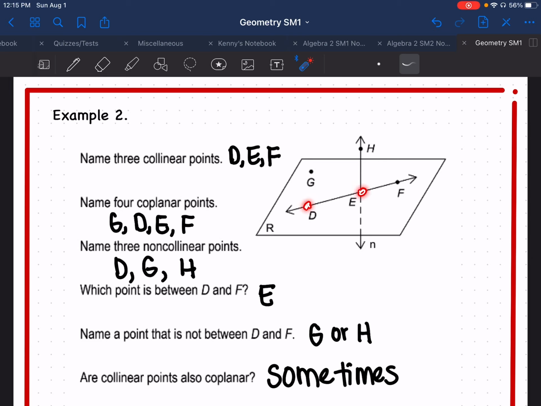D, E, and F are coplanar. H and E, however, they are not on this plane. They are on a different plane that's not drawn. Even though it's not drawn, it doesn't mean that it's not there. It's just not there in the picture. So sometimes, but I don't know if I can jump out and say always.